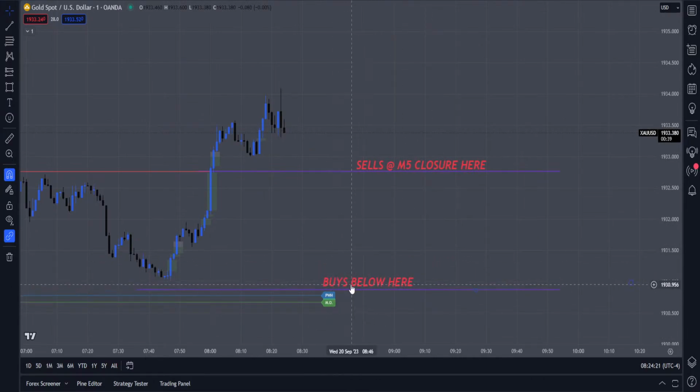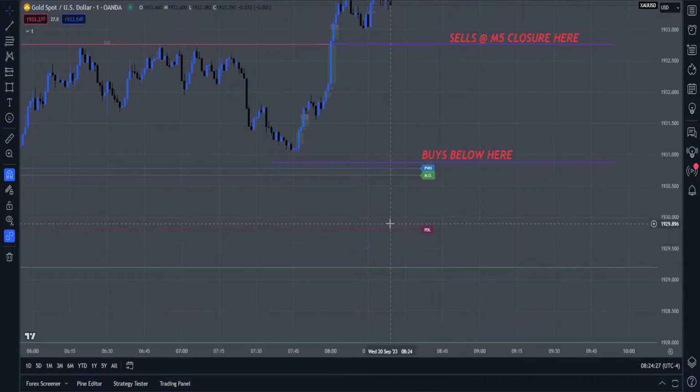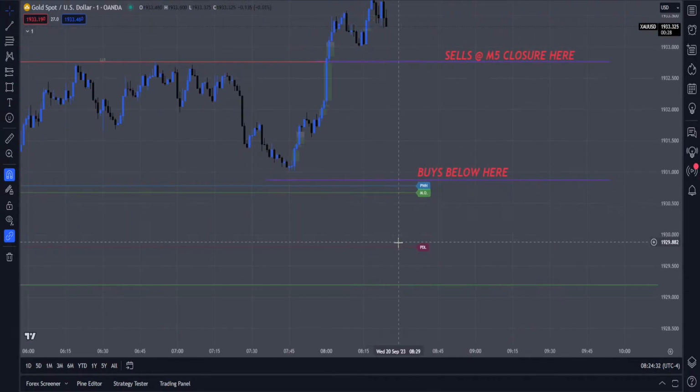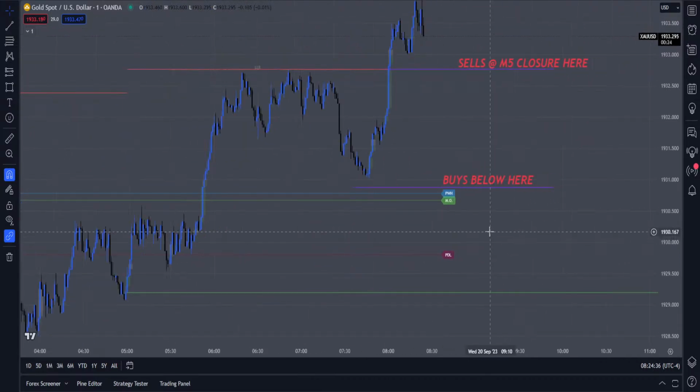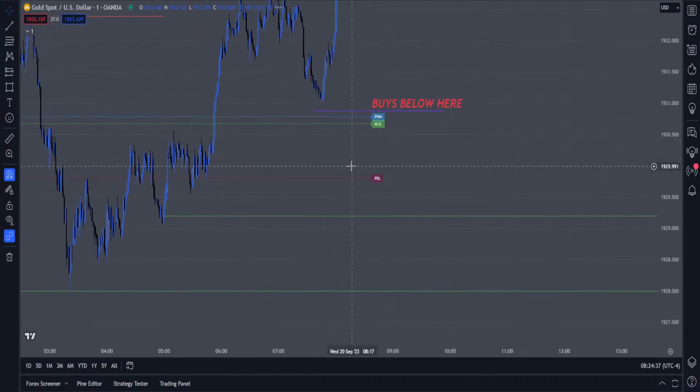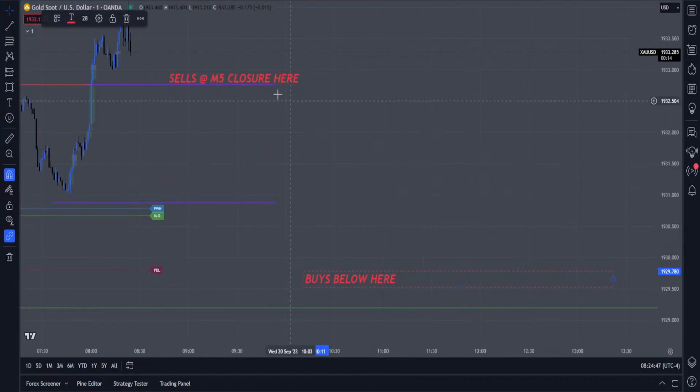Because below this level here, it will go to the previous weekly high, the midnight open, and maybe even towards the previous daily low, but we don't expect it to go that low. If it does, then we assume it may go here and take out the previous session low or London low, but that's pretty much what we're expecting.